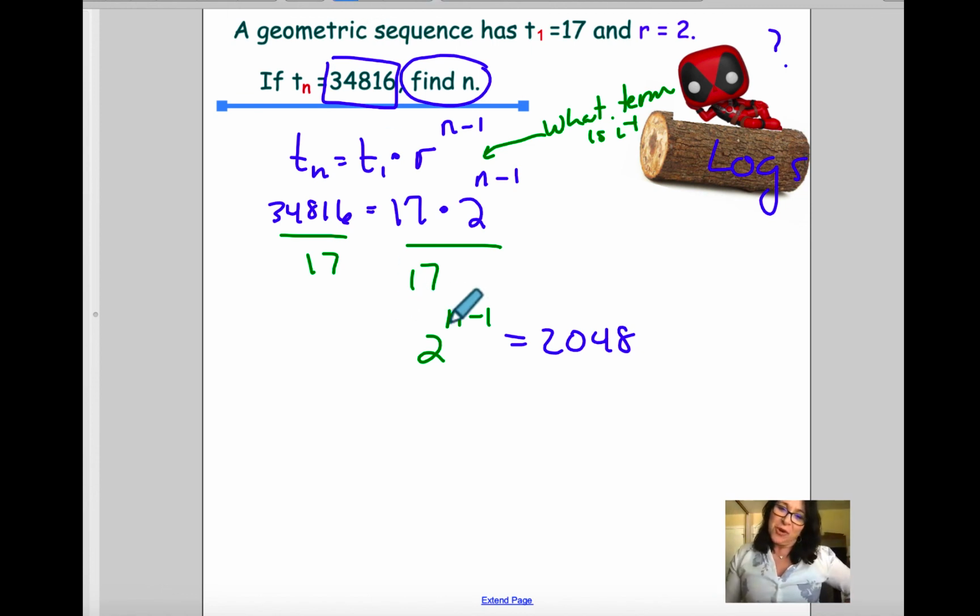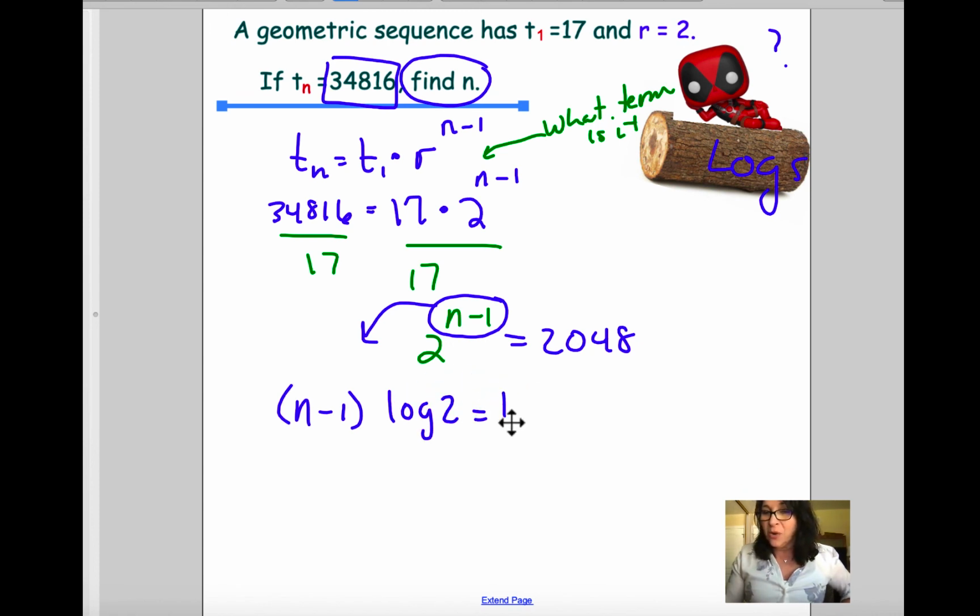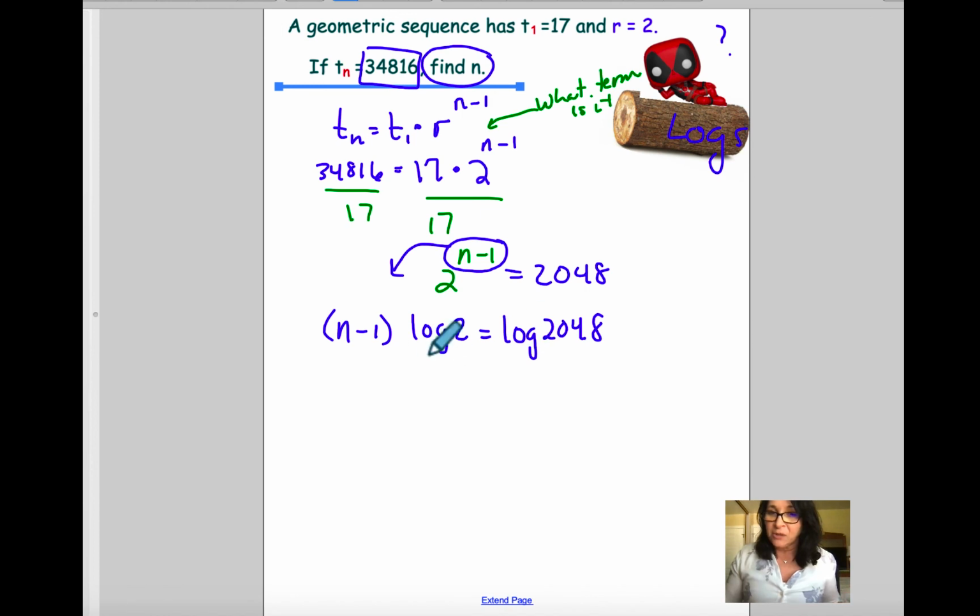To pull this out of the exponent's power, it becomes n minus 1 times log 2 is equal to log 2048. Our objective is to solve for n, so we divide both sides by log of 2. I get n minus 1 equals log of 2048 divided by log of 2, base 10.